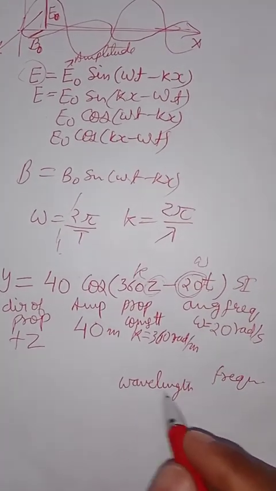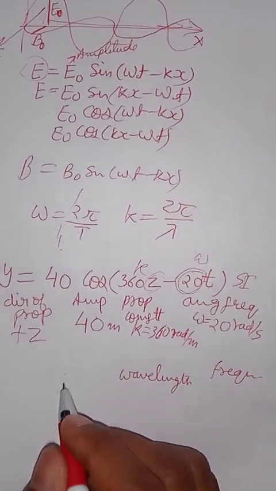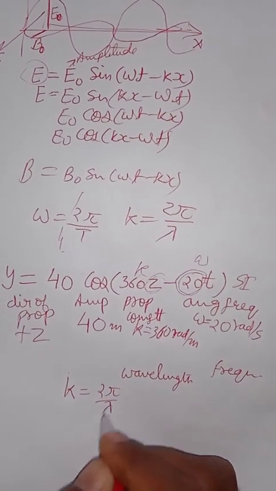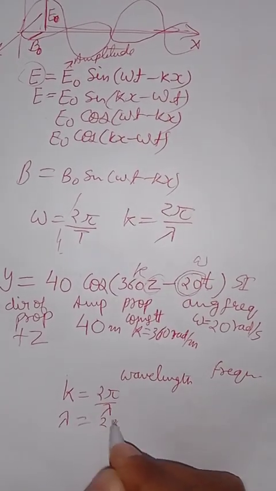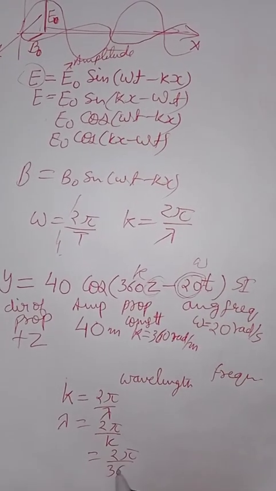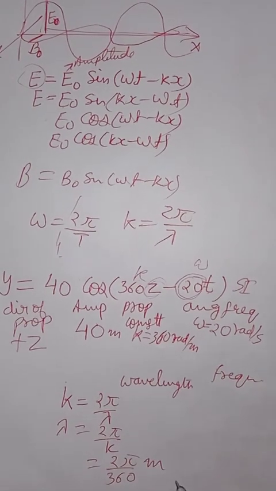And if they ask about wavelength and frequency, we can calculate from here. We know that k equal to 2 pi by lambda, so lambda equal to 2 pi by k, that is 2 pi by 360. You can solve it, or you can directly write meter here.